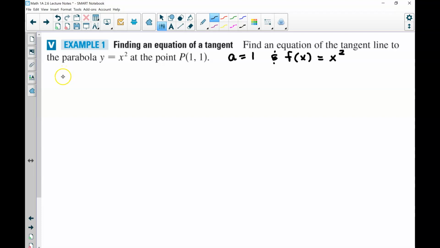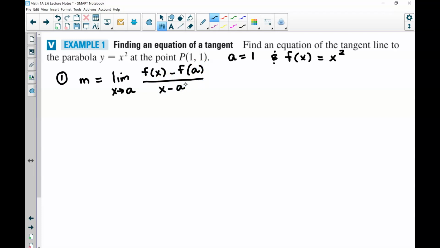So the formula that we're using is m, which is equal to the limit as x approaches a of f of x minus f of a over x minus a.